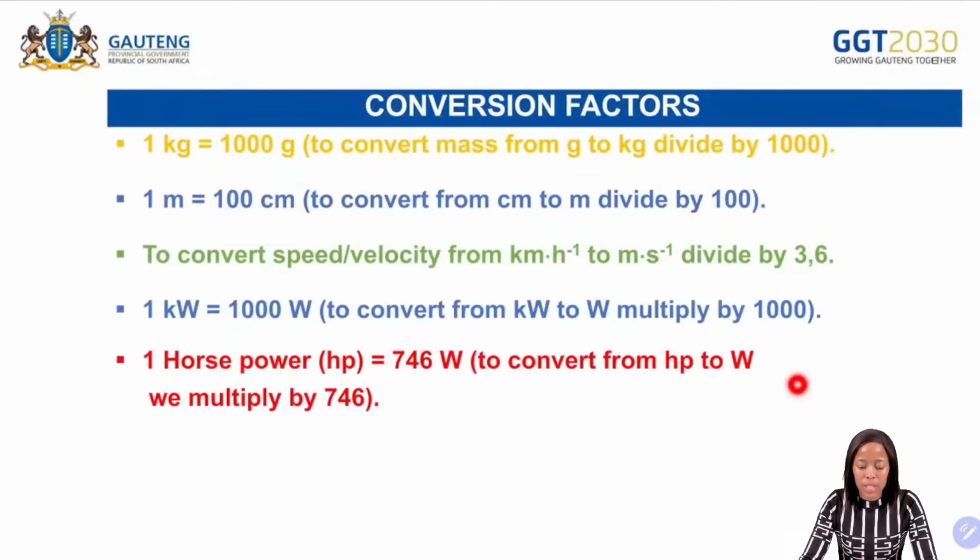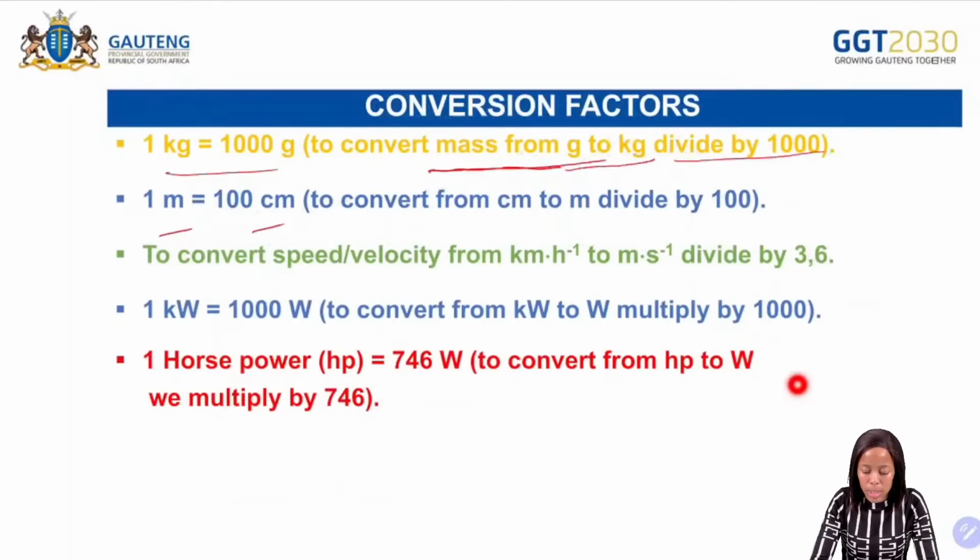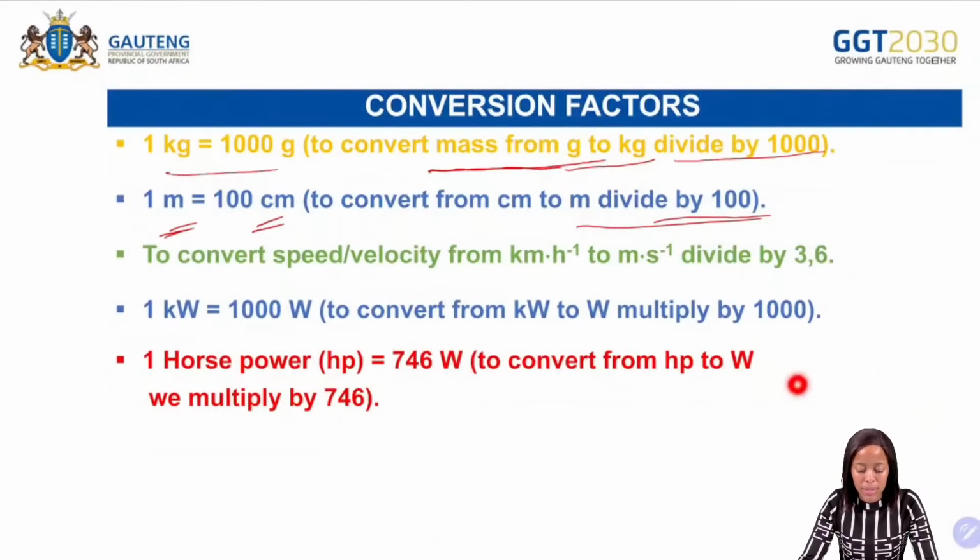Then conversions. So you need to make sure that you know how to convert. So it says kilograms to grams. What must you do? You need to divide by 1,000. So to convert from grams to kilograms, you divide by 1,000, and then to convert from centimeters to meters, you need to divide by 100.